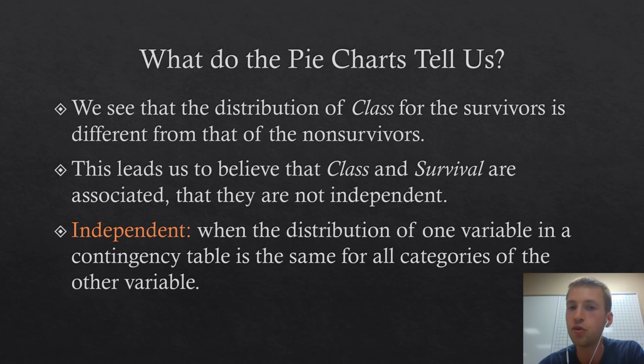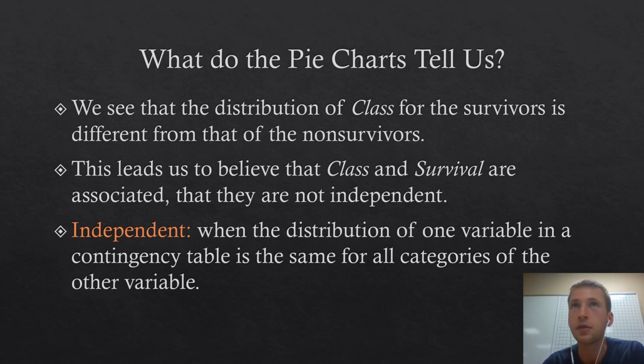So what did those two pie charts tell us? Well, we saw that the distribution of class for the survivors is different than the distribution of class for the non-survivors. This leads us to believe that class and survival are associated, or in other words, that they are not independent of one another. So by definition, independence is when the distribution of one variable in a contingency table is the same for all categories of the other variable.